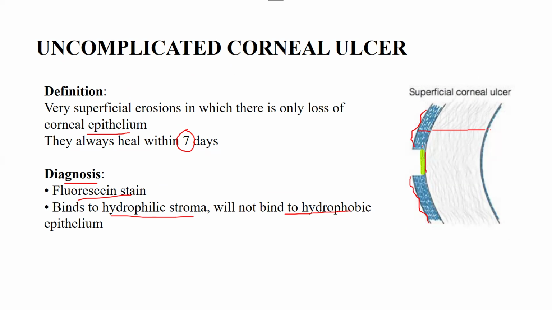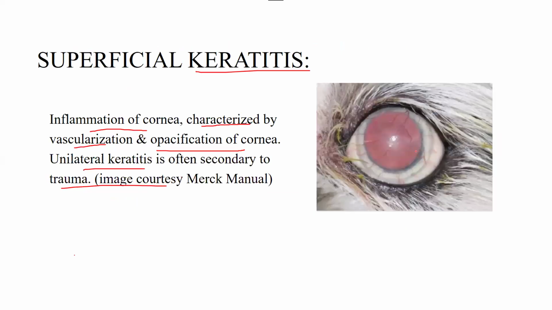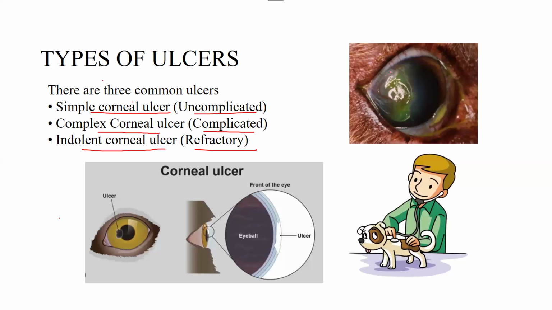That's how the stain sticks there, and we diagnose it as an ulcer. If you see the previous image, this whole greenishness is basically the stain. The stain has attached to the stroma, which is hydrophilic, and it has not attached to the epithelium, where this whole area of epithelium is intact. So here no stain has been attached.